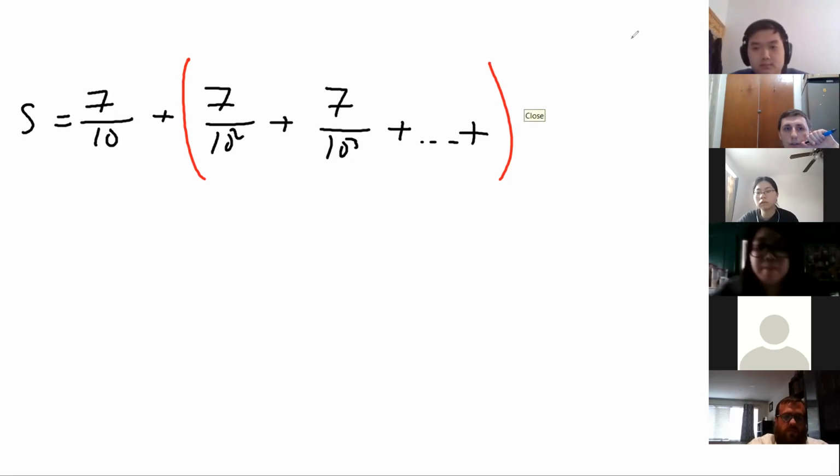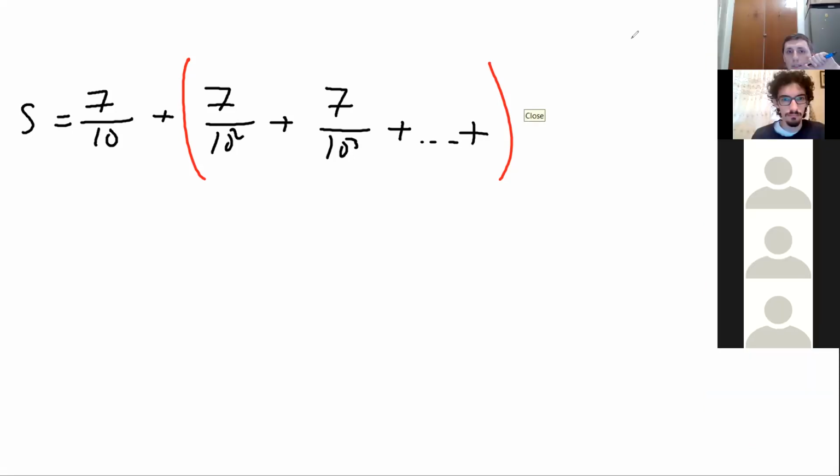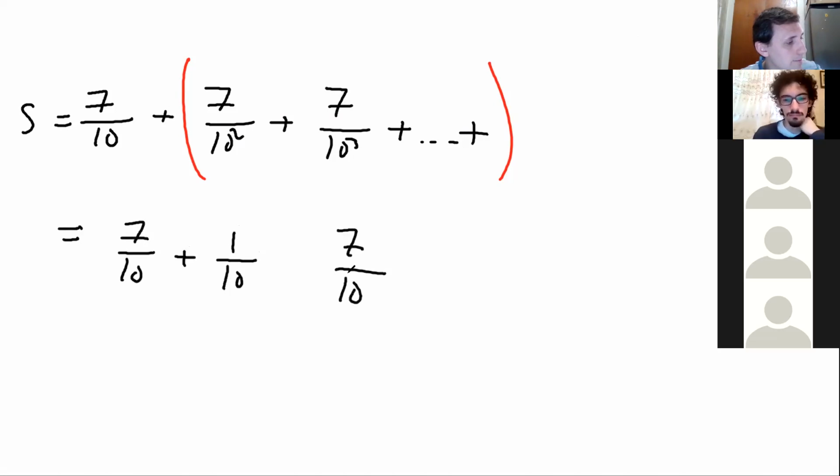Because if I take out 1 over 10, what remains in the red parenthesis is the same thing as the original sum. This is the original sum. Look at it, guys. So let's do that. So it's 7 over 10 plus 1 over 10, and then here I have 7 over 10 plus 7 over 10 squared and onwards.